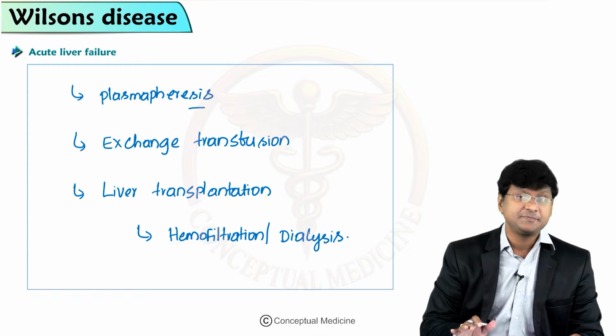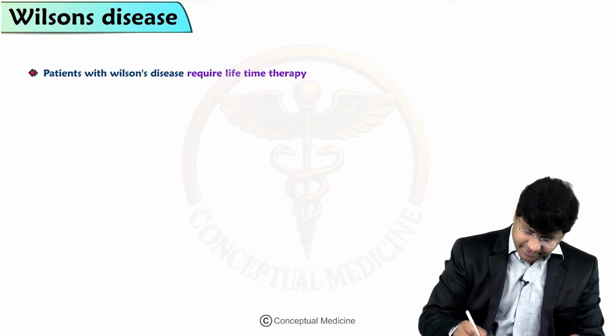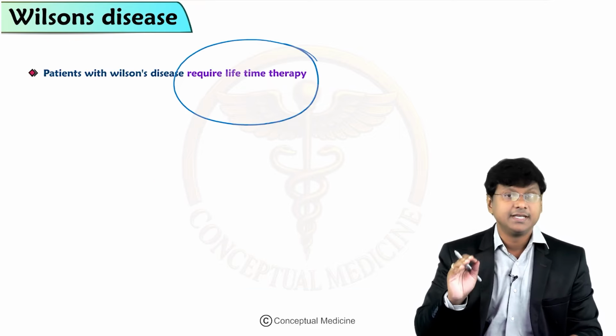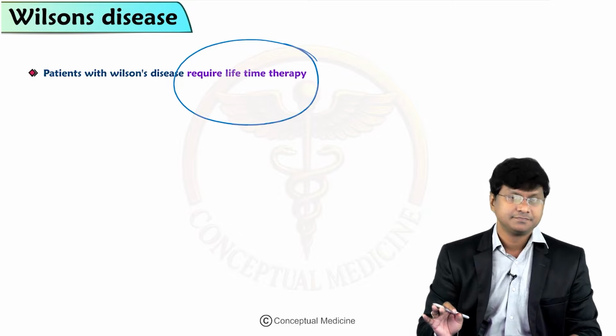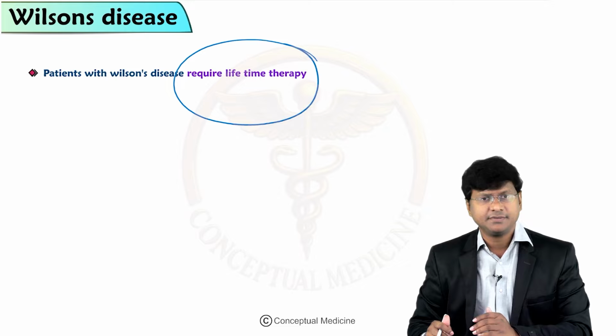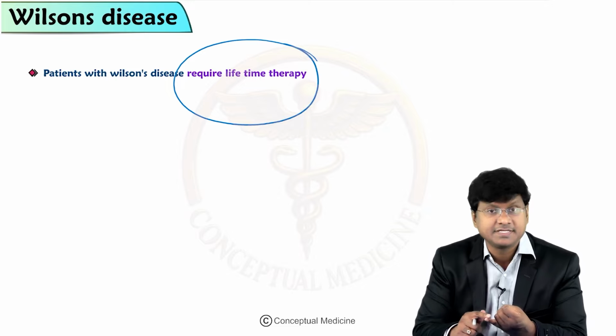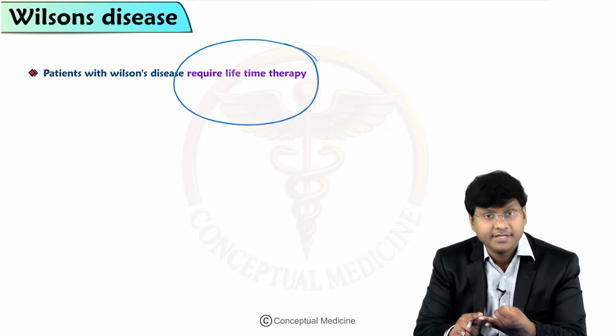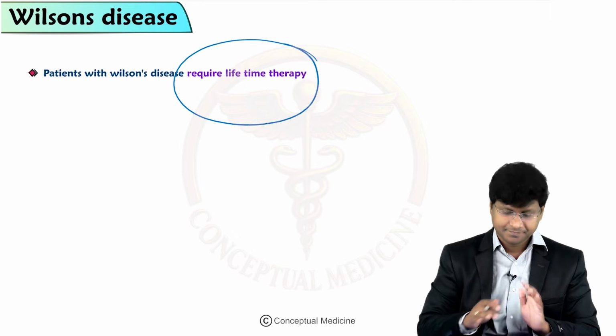And these patients with Wilson's, please remember, they require lifelong therapy, right? Now, we have discussed many treatment options like D-penicillamine, trientine, zinc, ammonium tetrathiomolybdate. Let me just summarize everything.